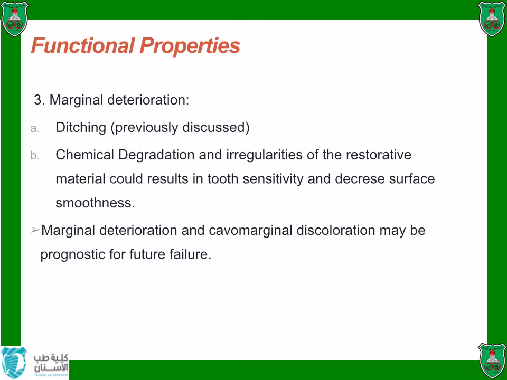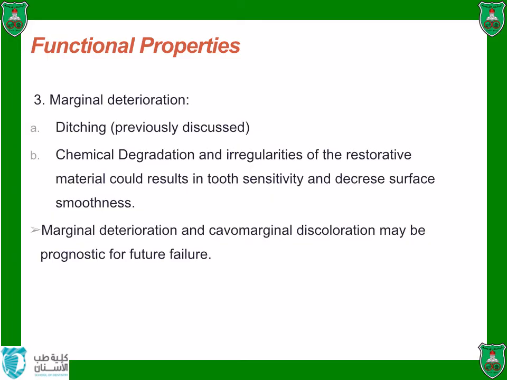Now, chemical degradation doesn't have any relation with the mechanical properties of the restoration or the tooth structure. It's related to the restoration itself. So there is some degradation of the material of the restoration that you use. For example, degradation of the polymer matrix of composite, detachment between the filler and matrix of composite, or sometimes interaction between the amalgam components and the environment around it.